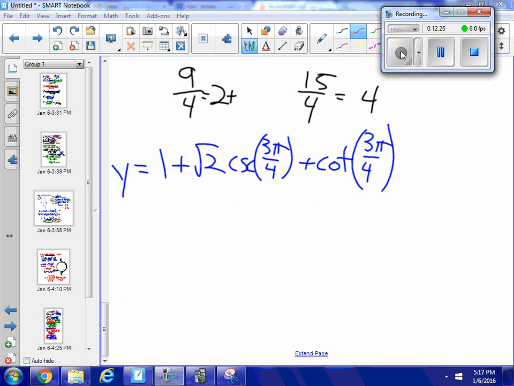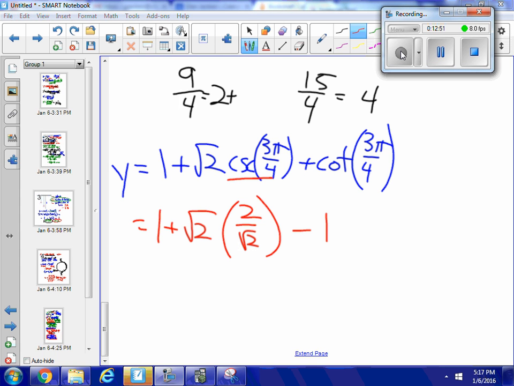That's equal to 1 plus radical 2 times 2 over radical 2 minus 1. Cosecant 3 pi over 4 is 2 over radical 2. Cotangent 3 pi over 4, well, that's one of the pi over 4 points, is equal to negative 1.